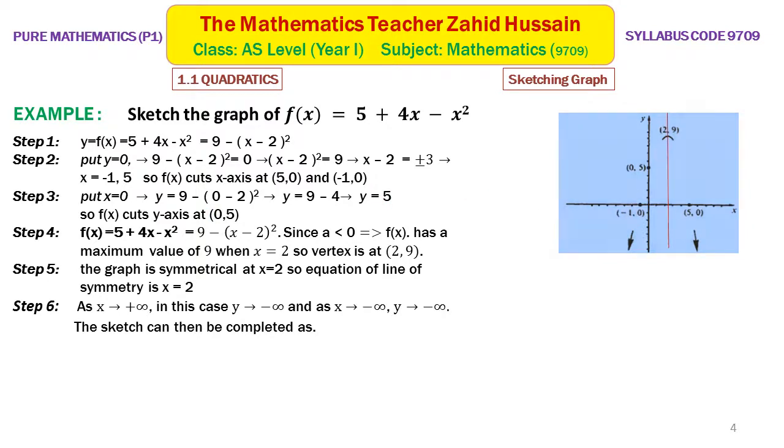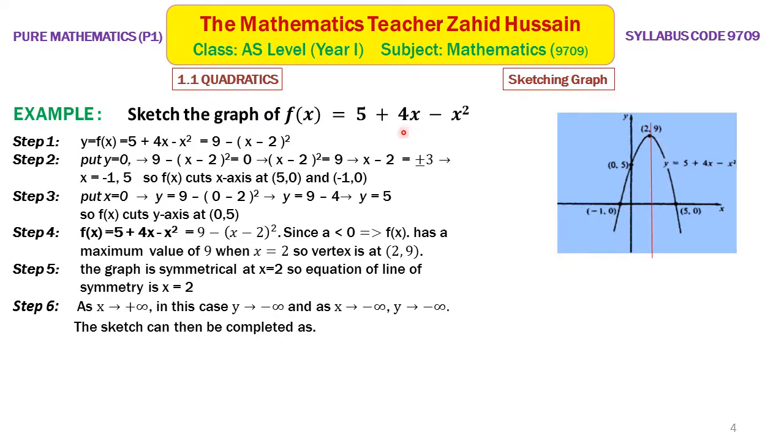Join these points smoothly to get the graph of the function 5 plus 4x minus x square, and label this graph. This is your required graph which we have plotted by using this information. Hope this is clear. Have a look, please.